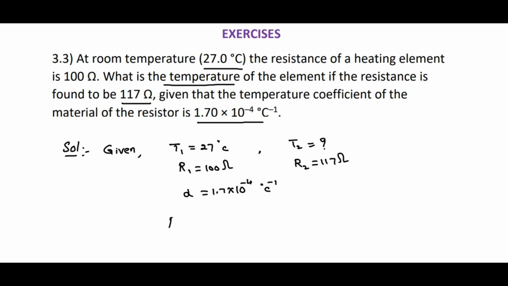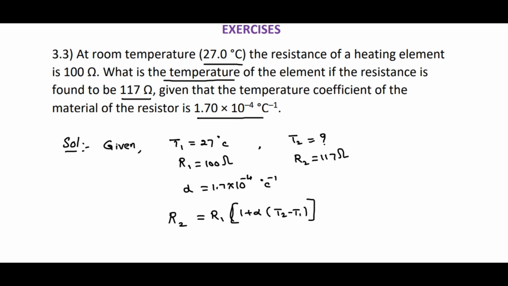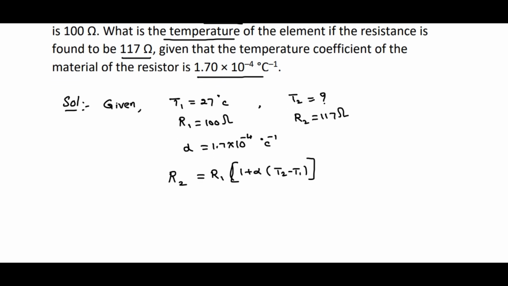So what is the formula for final resistance? R2 is equal to initial resistance into 1 plus alpha into T2 minus T1. Here temperatures are in terms of degrees Celsius, but here we are taking the difference, so whether we take degrees Celsius or Kelvin, it won't affect the answer.